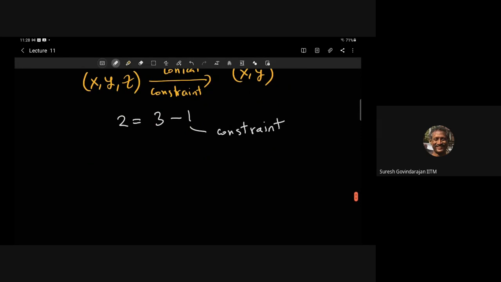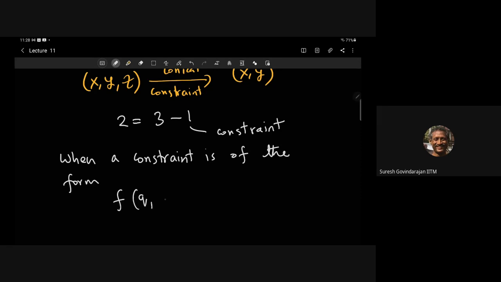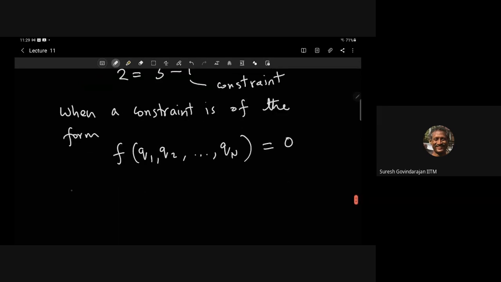Okay. So when a constraint is of the form something equal to 0, we call it holonomic.